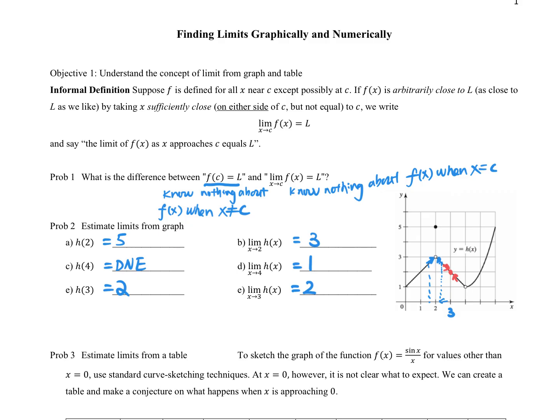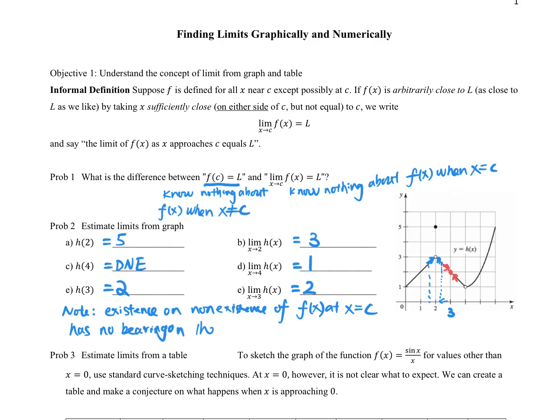Well, I do want to make a note here. From this example, we can see that the existence or non-existence of the function value f of x at a certain point c has no bearing on the existence of the limit of f of x as x approaches c.